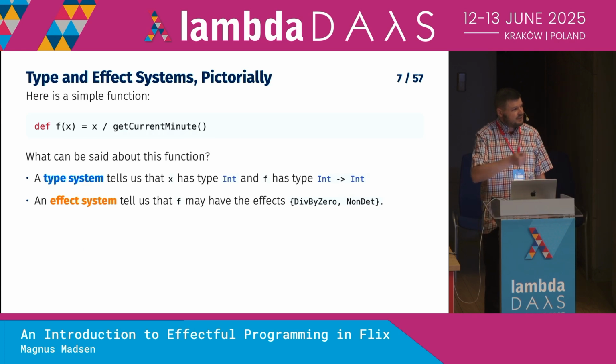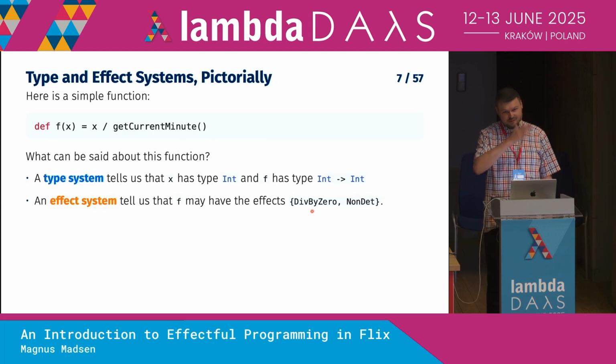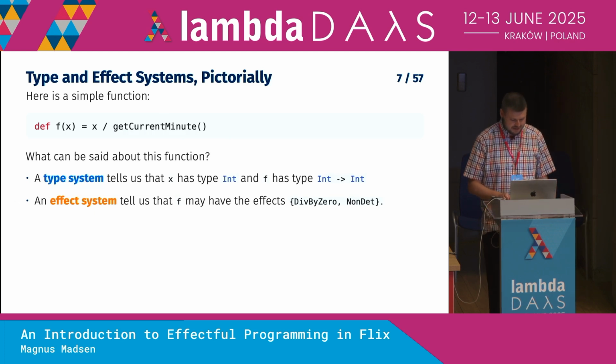So even when given the same input, it could return a different result. And that's, of course, because the current minute is changing. It's minute 1, minute 2, minute 3, and so on. And it could also tell us that the current minute could be 0. When the clock is 0, we could get a division by 0 exception. So an effect system complements a type system by telling us about these actions.